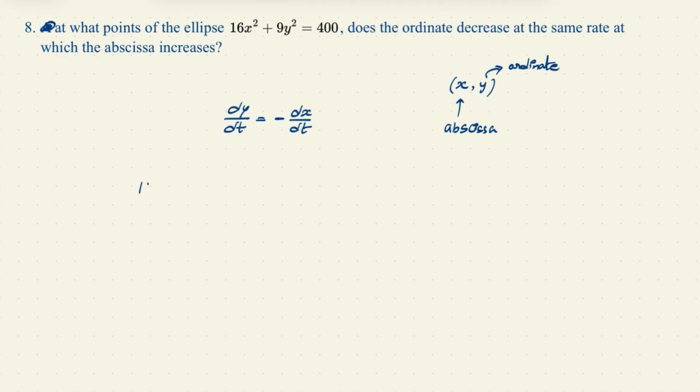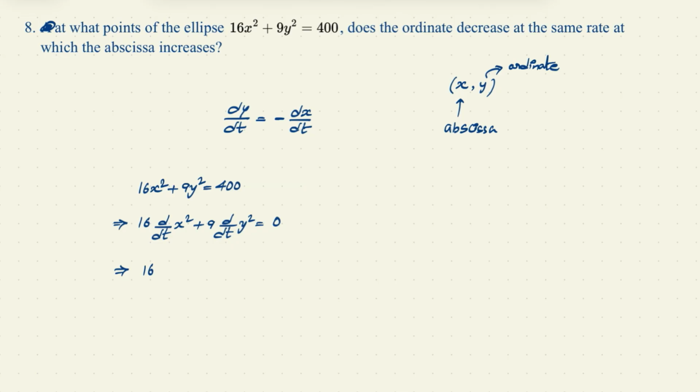So the equation of the ellipse is given as 16x square plus 9y square equals 400. Let us differentiate both sides with respect to t. Then we will have 16 d/dt of x square plus 9 d/dt of y square equals d/dt of 400, which is 0.